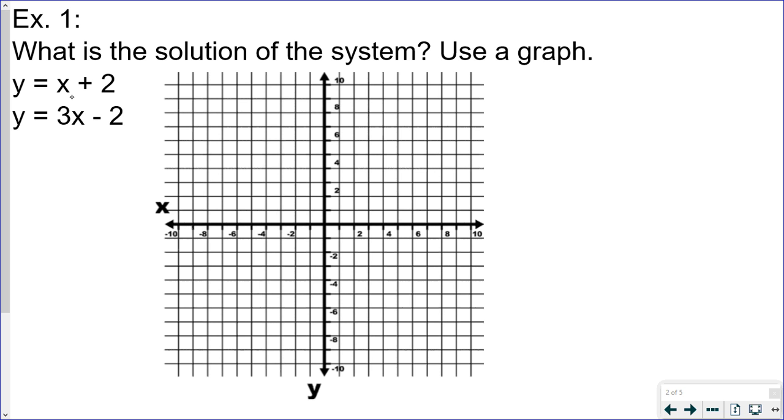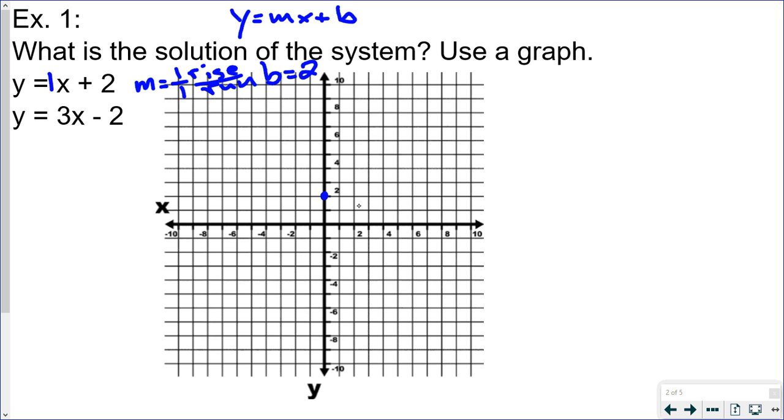All right, so if we look at this first equation, this is in slope-intercept form, y equals mx plus b. So the slope of this one is 1. I'm going to write it as 1 over 1 for rise over run. And the y-intercept is 2. So if I was to graph this first equation, I would first graph the y-intercept at 2. And then for the slope, I would rise 1, run 1.